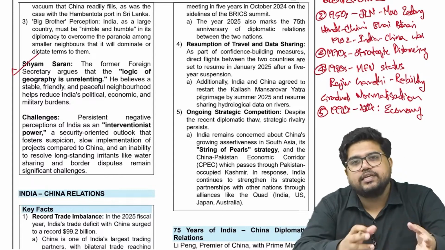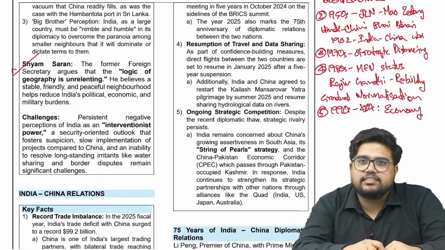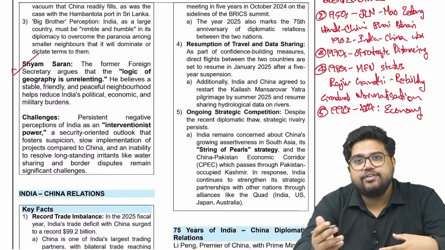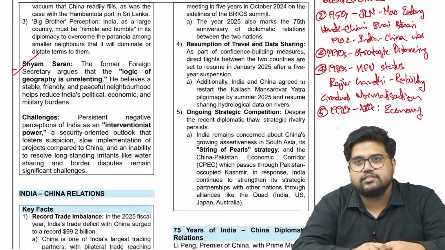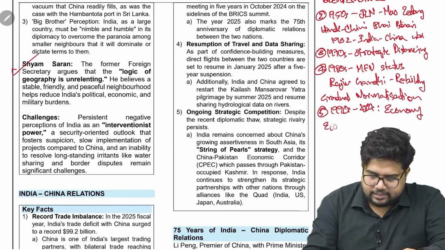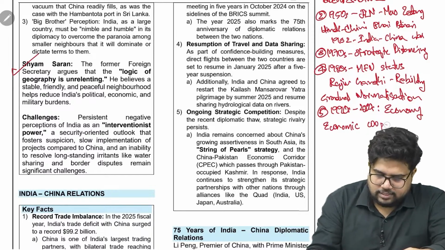All these passes become very active for movement of goods in the Himalayas. And this is also a time of peace between India and China. Around 1995, we signed the friendship treaty with China. So this is a phase of economic cooperation.